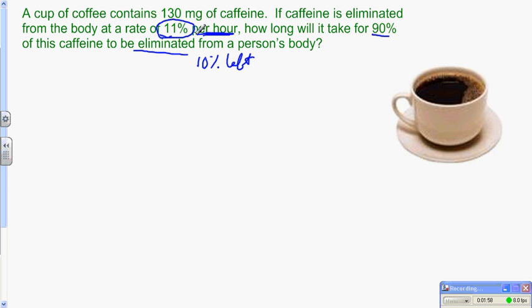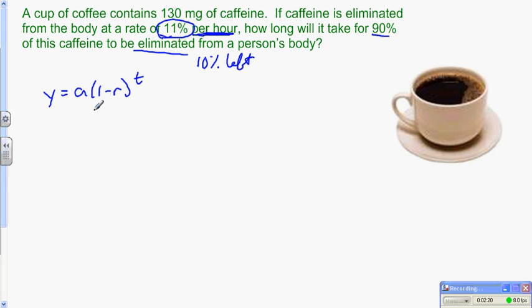Now, since they say 11% per hour, we're going about this in a more calculating manner. So we're going to choose the rate of decay that is not involving E. Here we have A, which is our initial amount, and 1 minus R, which is our rate.